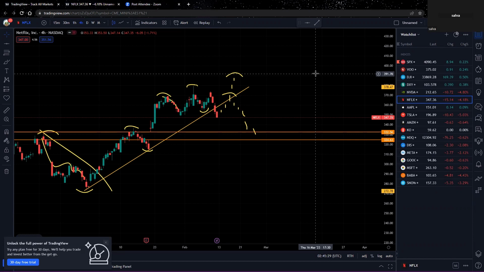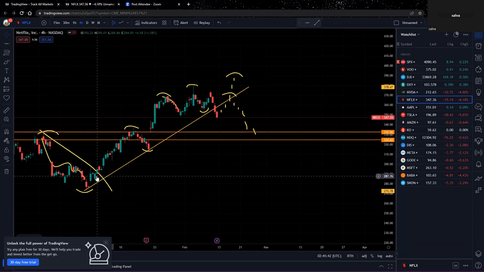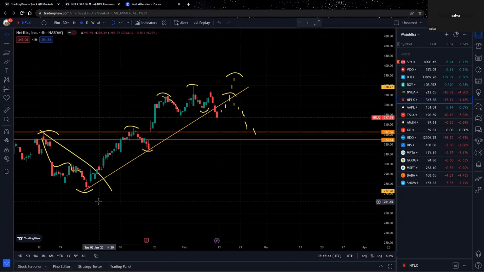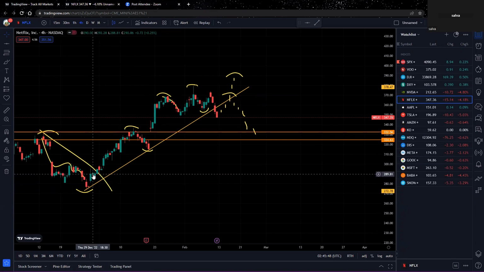So, just off of looking at Netflix, right? Most of the time, bro, a lot of stocks like to make the same moves. If you see right here, we've been in an uptrend since let's say the beginning of January, December 29th, January 1st.